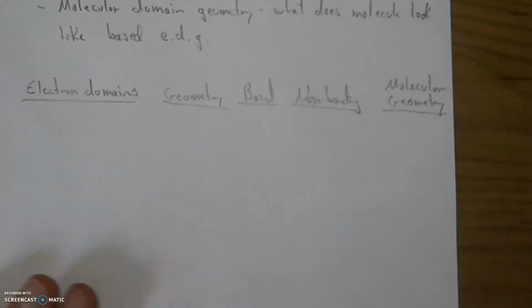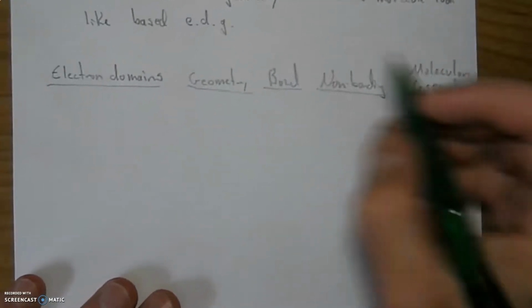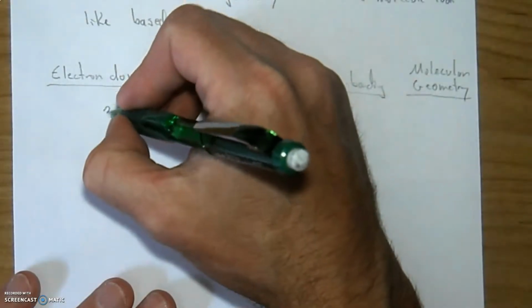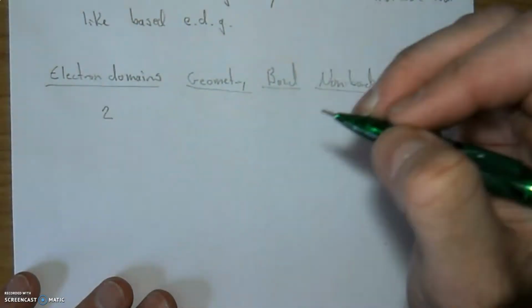Okay. So I'm going to kind of switch back and forth here where there's another site, which is really good, and you definitely should use it. But I'll put some numbers down, and then we'll go over and talk, and we'll just keep bouncing back and forth. So the first thing we're going to take a look at here is, as far as electron domains, we'll say there's two locations according to this central atom where electrons are found.